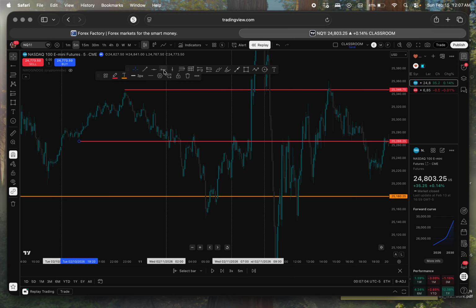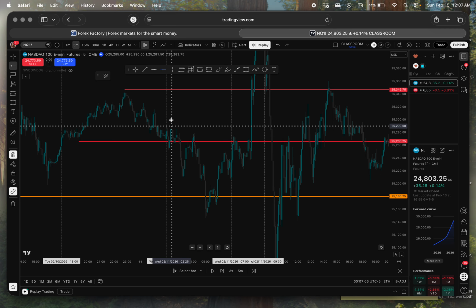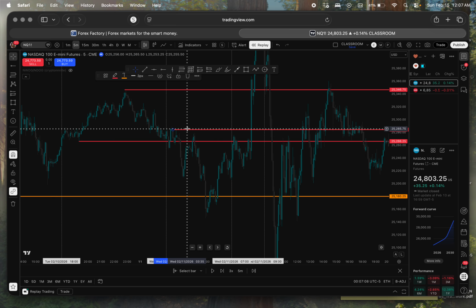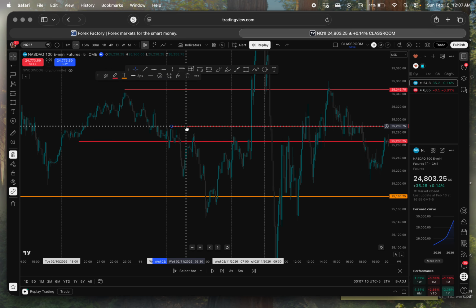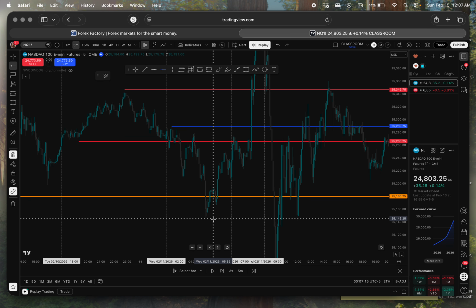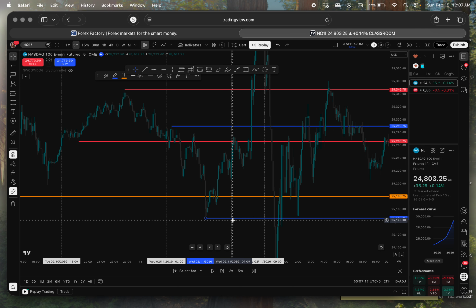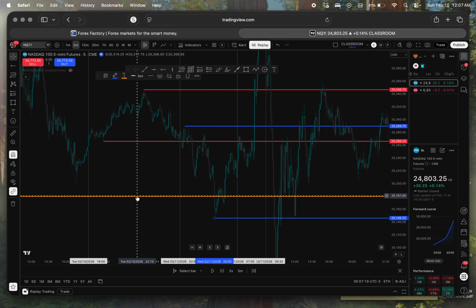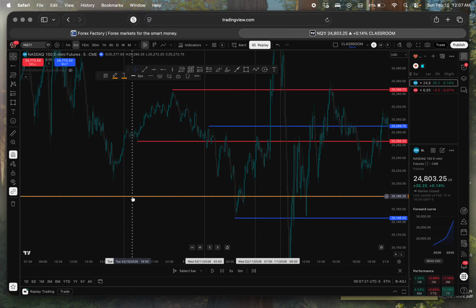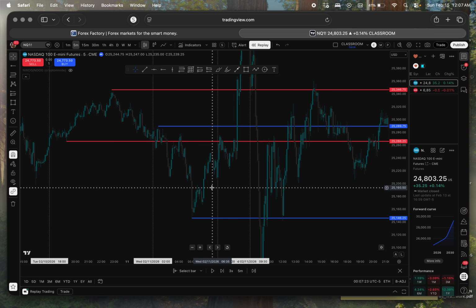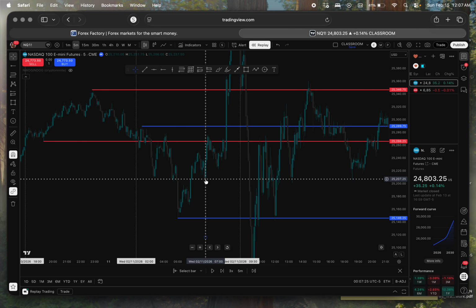Oh, I clicked the wrong thing. Okay. And I'm going to make that blue. And the lowest point here, blue. I don't know what this orange line is. Okay, and then this is 7 a.m. Great.